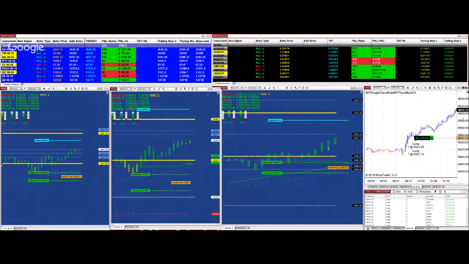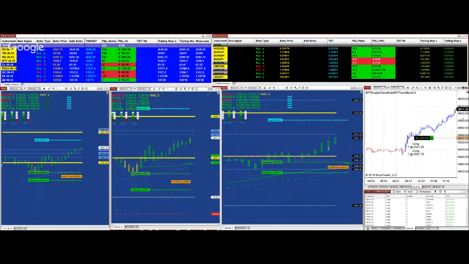The Nasdaq hit the 3,105. This is nice, based on 3 minutes.